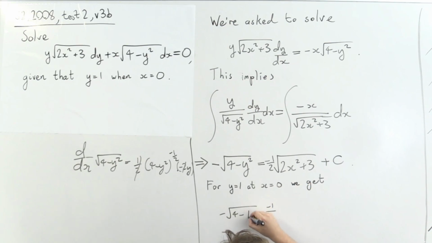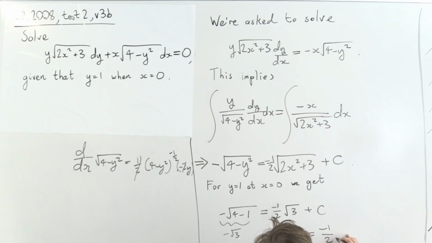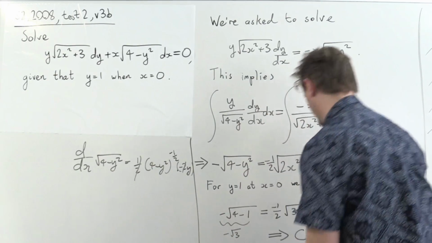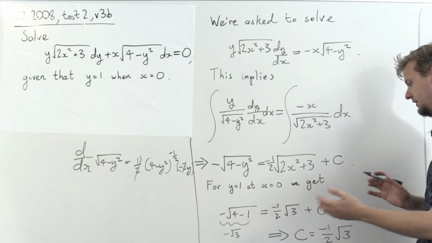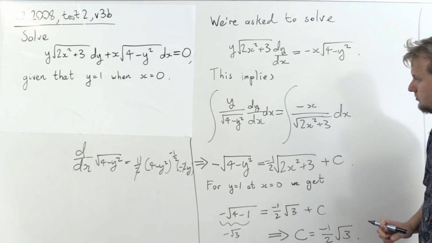So we get 4 minus 1 is equal to minus a half. x was equal to 0, so that's root 3 plus c. So this is minus root 3. So if I have minus root 3, I can tell you that c would have to be also minus a half root 3, because 2 halves of root 3 make a whole, but they're negative. Anyway, so that is our c value.